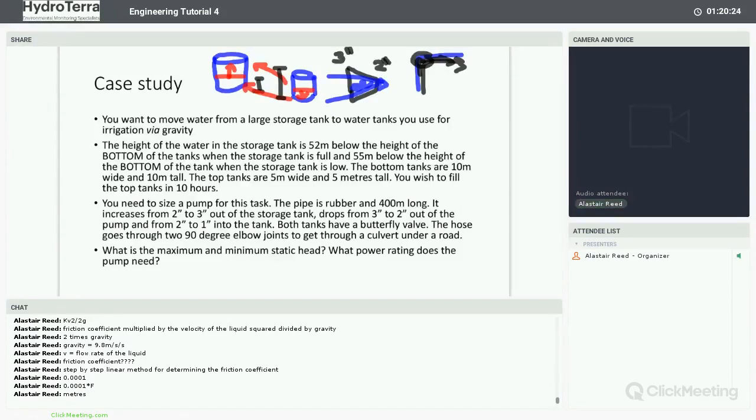Topic 4, template for generating pump data. In topic 4, there's a spreadsheet called template for generating pump data, and that allows you to go through the calculations step by step. So if you do that during the week, what we're going to do in the tutorial next week is go through our tutorial task, stepping through that spreadsheet.